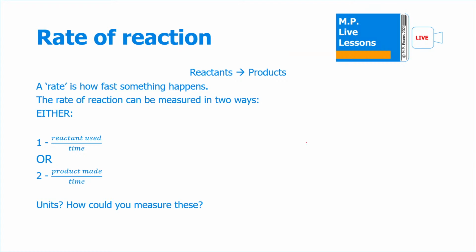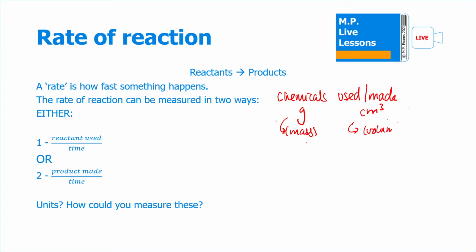So this would be, for example, the reactant used or the product made, so anything to do with chemicals. You can measure this in two ways, either its mass, which is in grams, or its volume. And time is often measured in seconds.